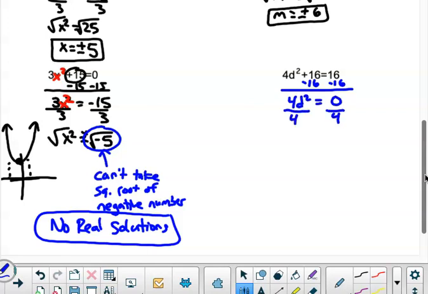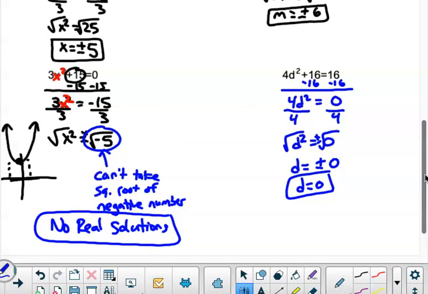Divide both sides by 4, 0 divided by 4 is 0, and the square root of 0, I'm going to include the plus or minus in there, but the square root of 0 is plus or minus 0, but there's not really a positive and negative side of 0, it's just 0. There's only one solution right here. Plus or minus 0 doesn't really make sense. There's no such thing as negative 0. So that's how you can have one solution.